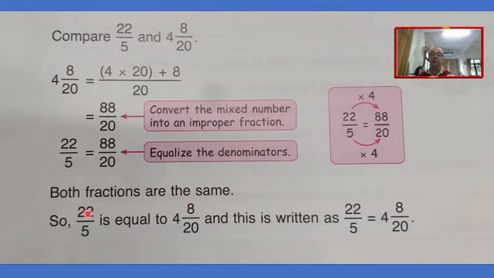So 22 over 5 is equal to 4 and 8 over 20. And this is written as 22 over 5 equals 4 and 8 over 20.